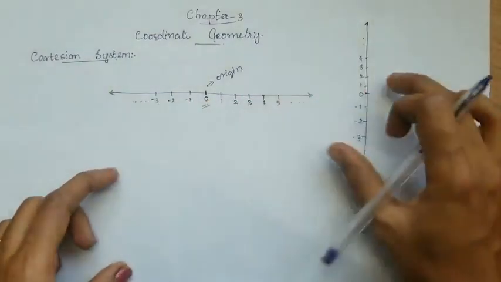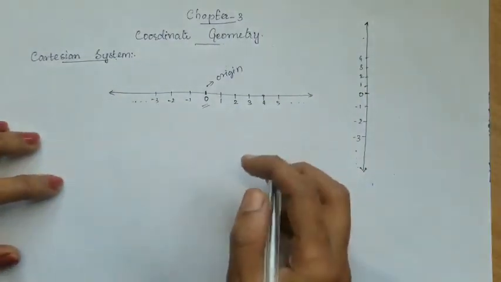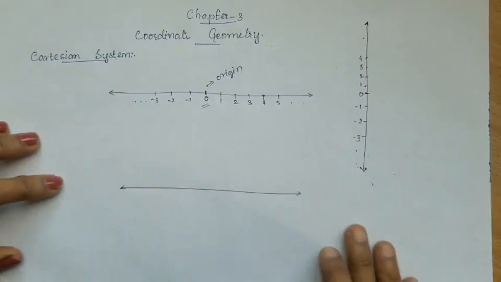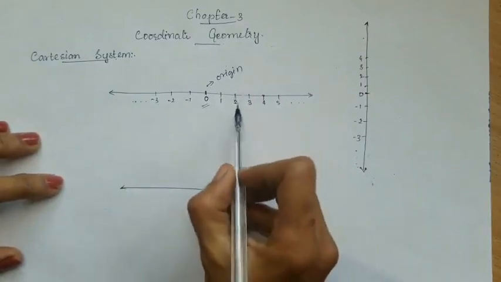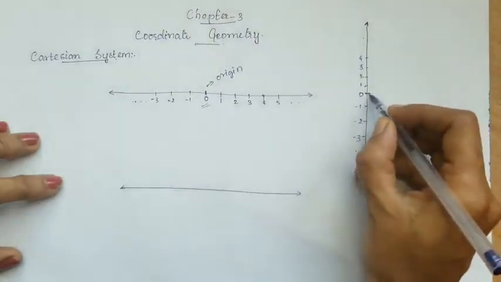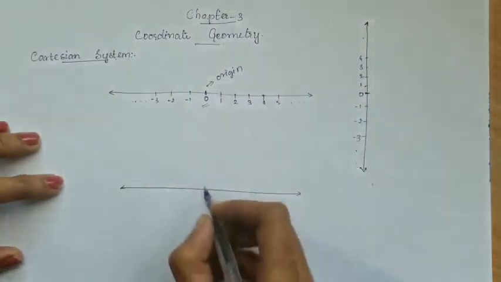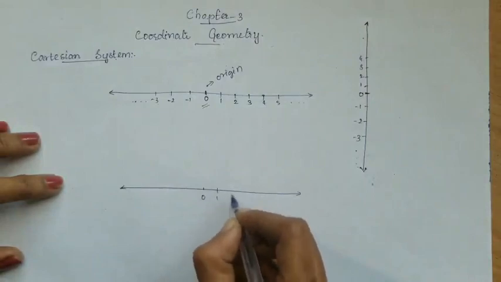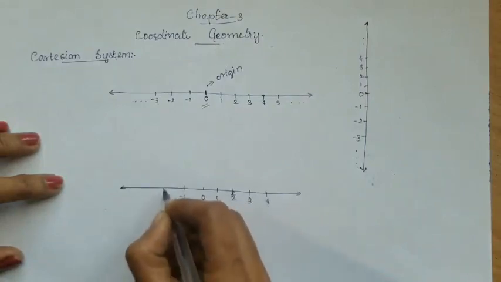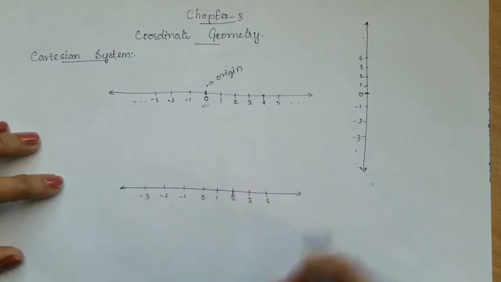So what can you get? Combine both lines in such a way that the two lines cross each other at 0, otherwise at their origins. So that you will get 0, 1, 2, 3, 4, -1, -2, -3, etc.